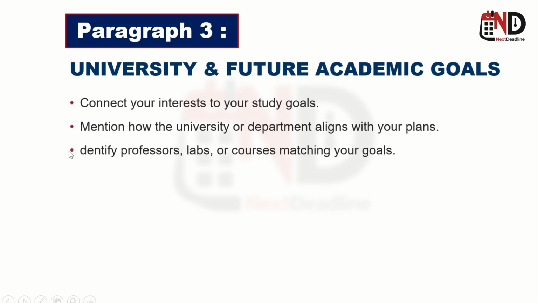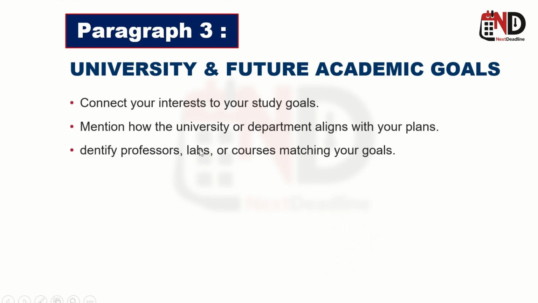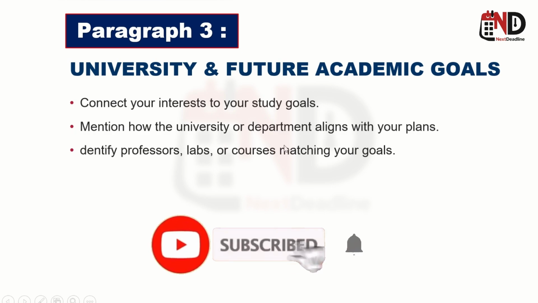You are going to identify a professor, labs, or course matching your goals. That's to say you must have done thorough research on the school. So you identify a professor that does something related to what you're applying for, or the lab, the standard of the lab, or the course matching your goals.